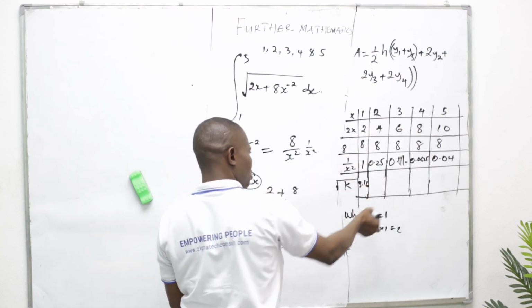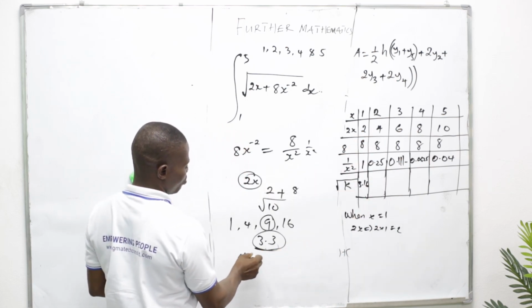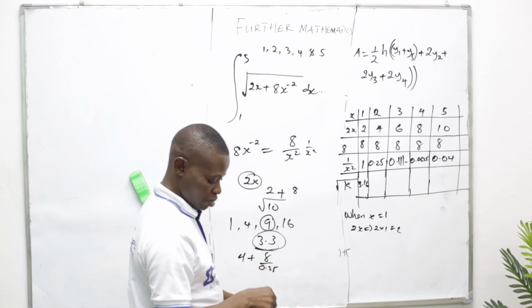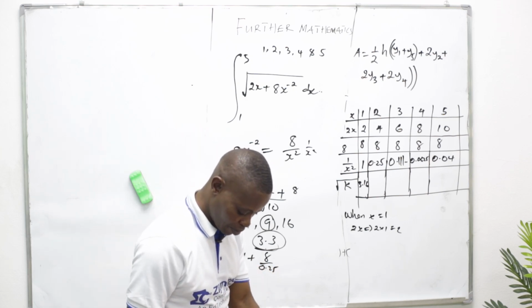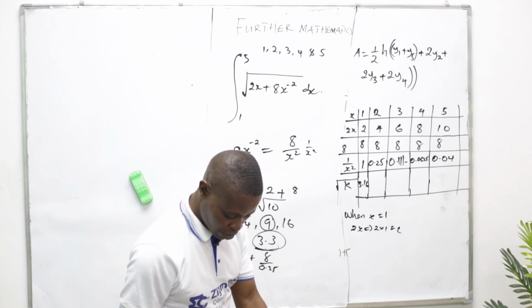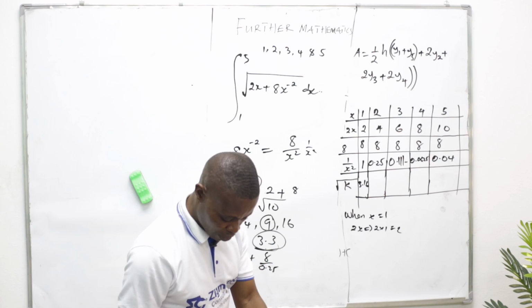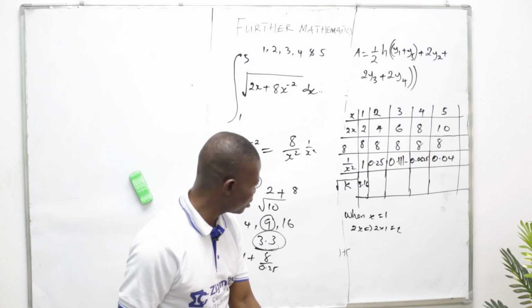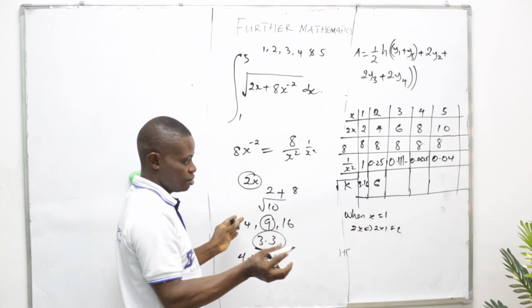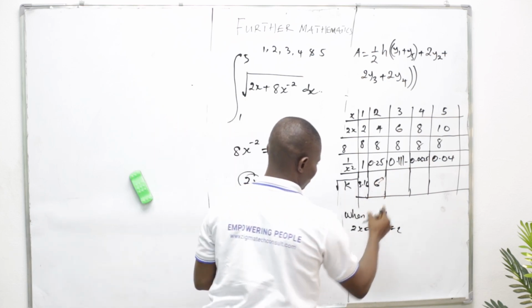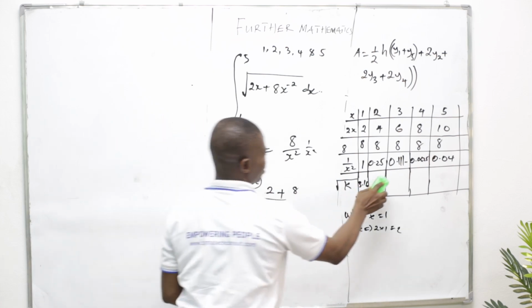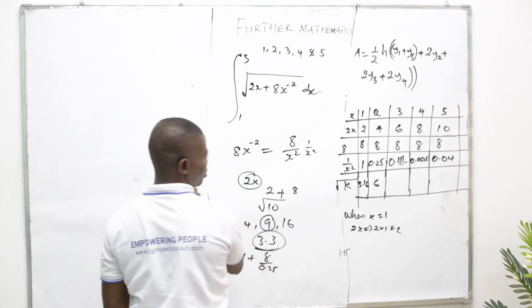The same thing will happen here. 4 plus 8 all over 0.25. 8 over 0.25 plus 4, 36. Then the square root of 36, I write 6. Very clear. The square root of 36 is 6, okay?